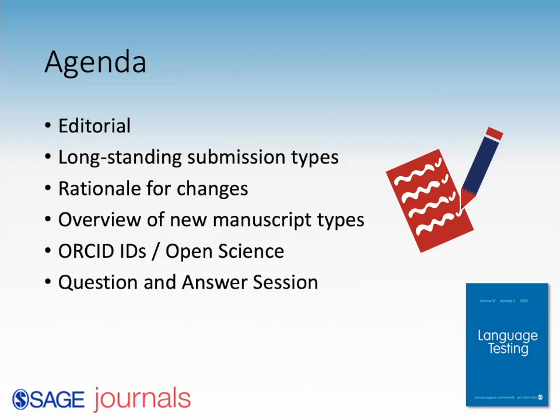Then we'll talk about a rationale for some changes that we have recently made, and then an overview of those changes, some new manuscript types, and Paula will be taking you through those. And then at the end, we'll say a few brief words on ORCID IDs and open science, and then we'll open up the floor for questions and answers. We hope that you'll save all your questions until that point, and you can put things in the chat, or you can raise your hand and ask a question live as well.